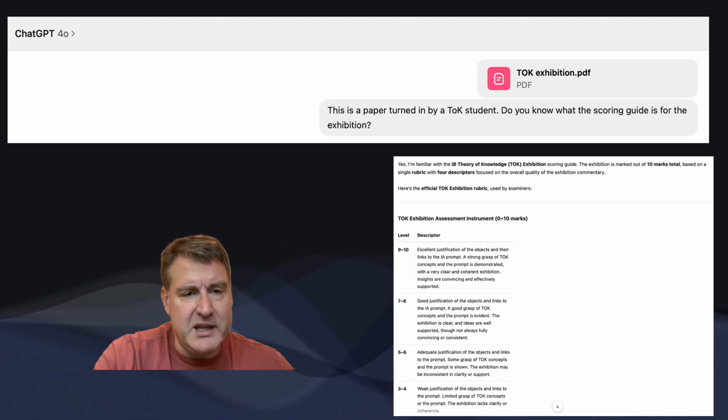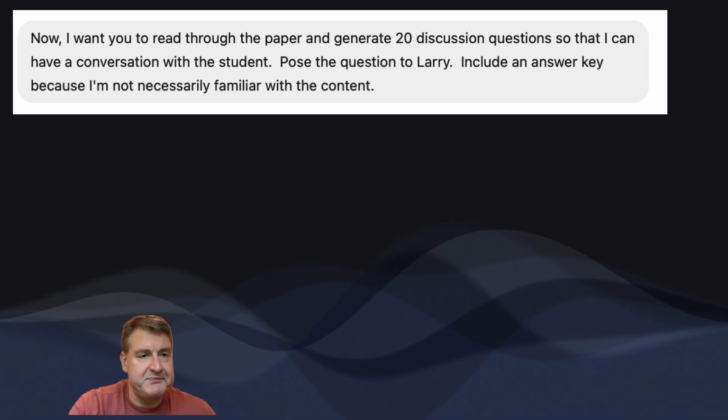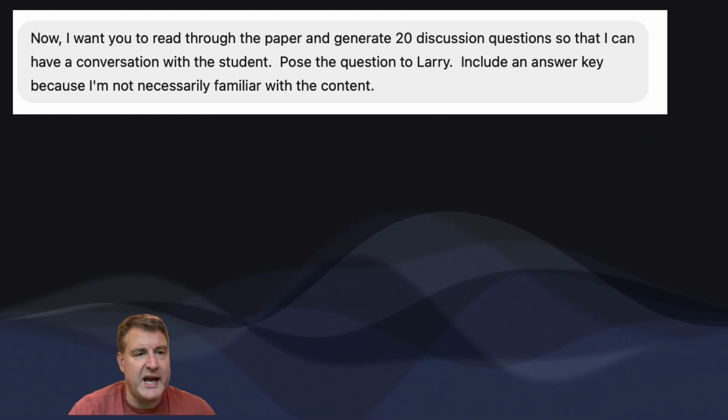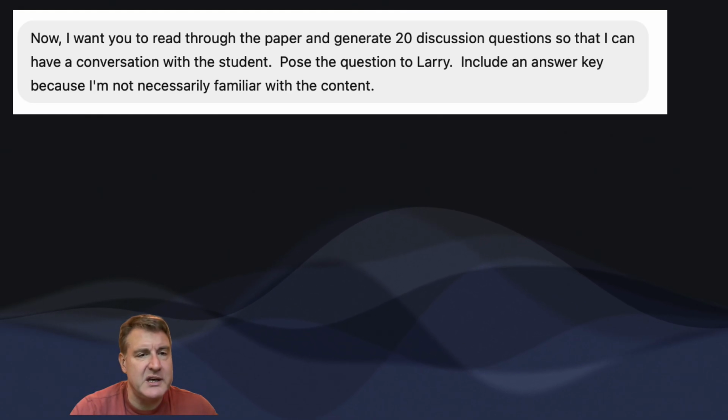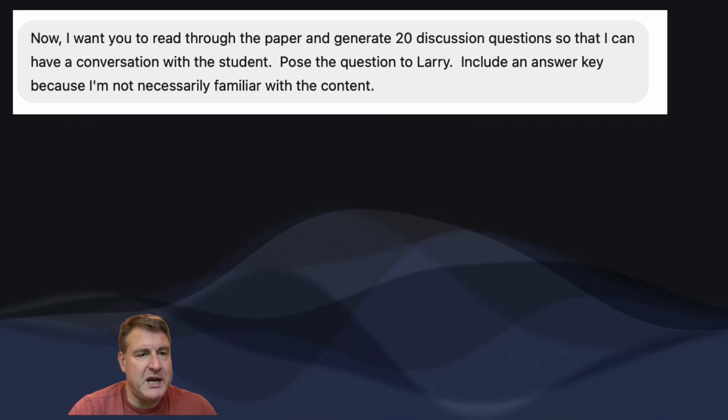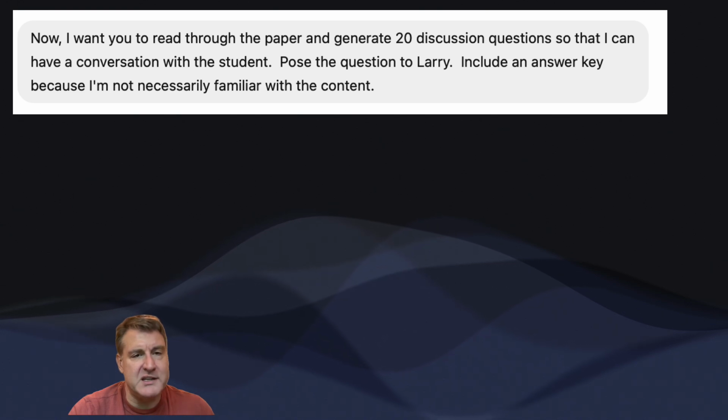Okay, and then when I verify that it knows the scoring guide, I'll just say, now I want you to read through the paper and generate 20 discussion questions so that I can have a conversation with the student, pose a question to Larry, and include an answer key because I'm not necessarily familiar with the content.